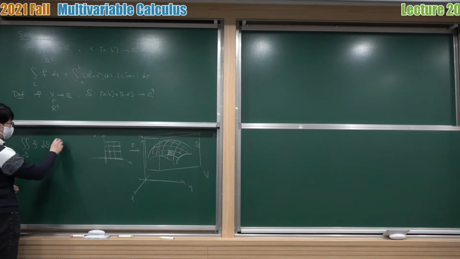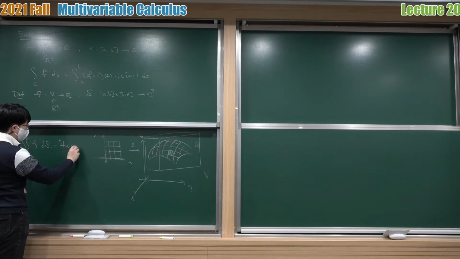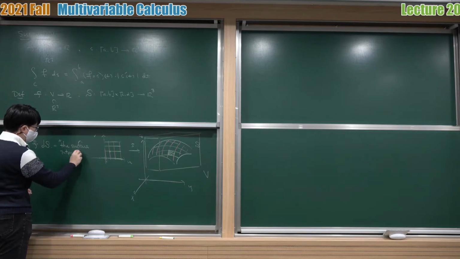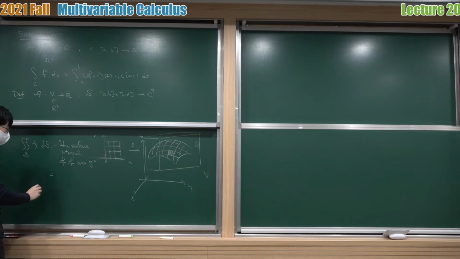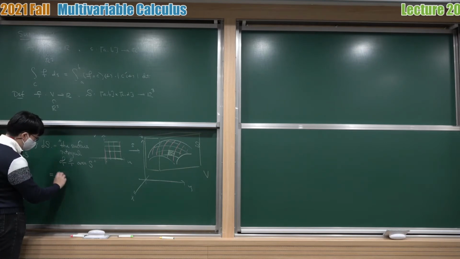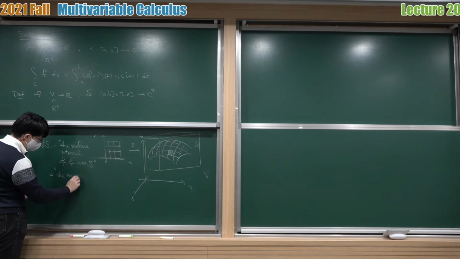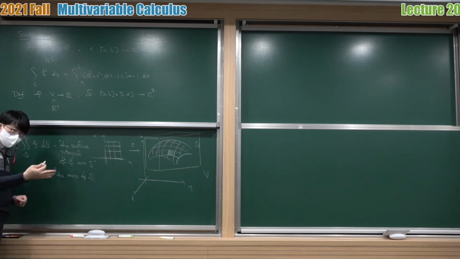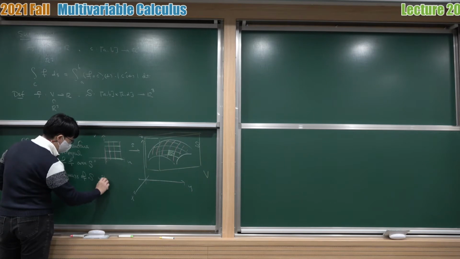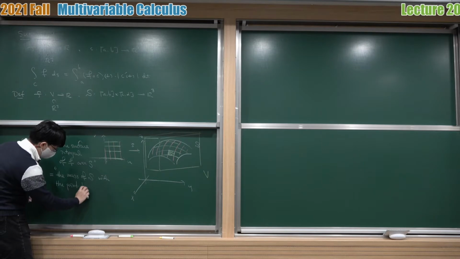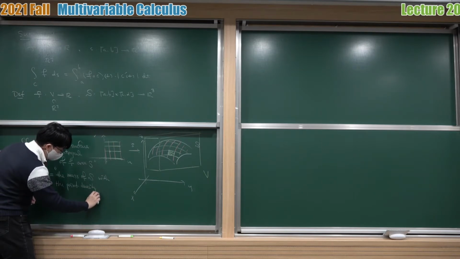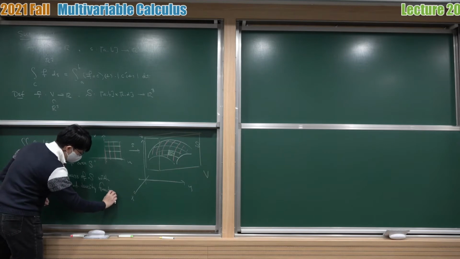I'm going to name it the surface integral of function f over S, and it means that it's the mass of the surface S with the point density function f.